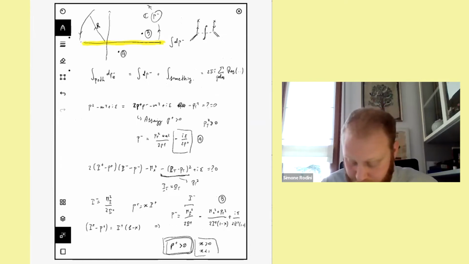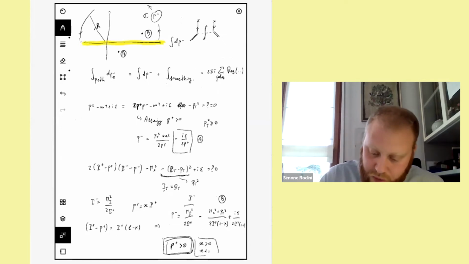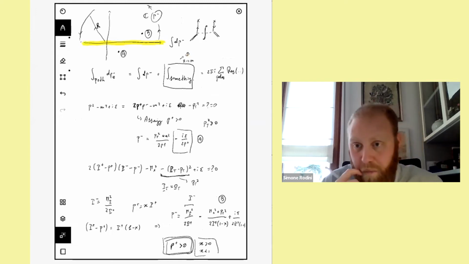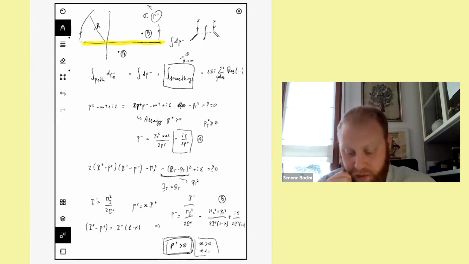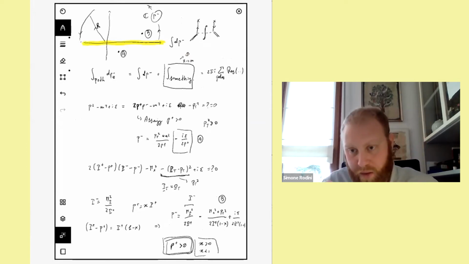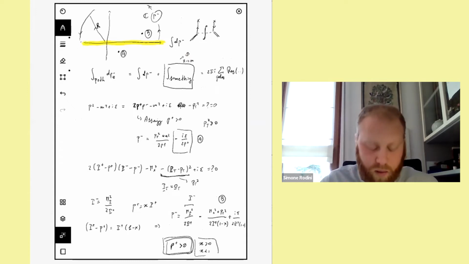So the contribution from this semicircle tends to 0 for r that tends to infinity. We are left with 2 pi i times the residue with plus sign, because we oriented the path in the standard way, so it's anti-clockwise.